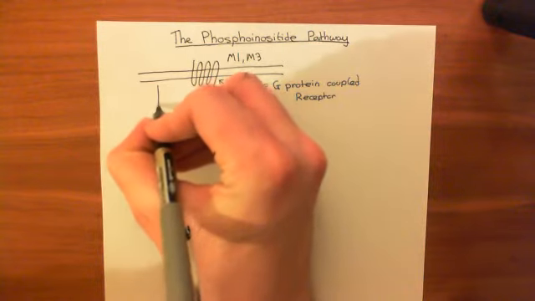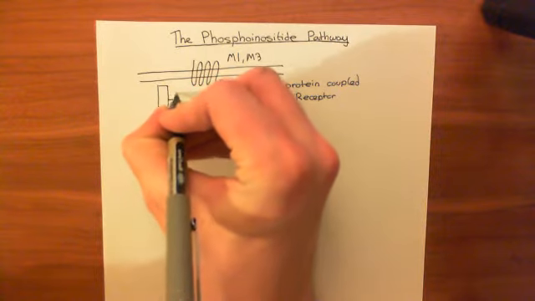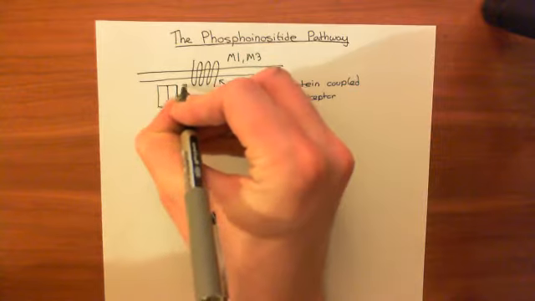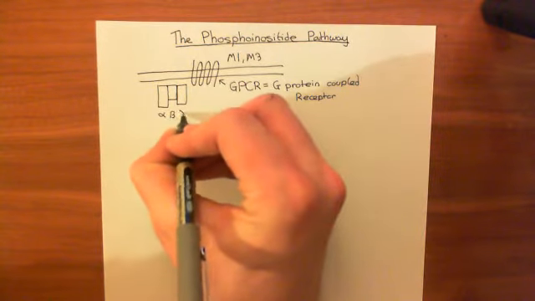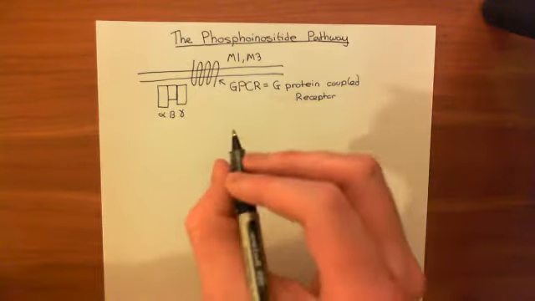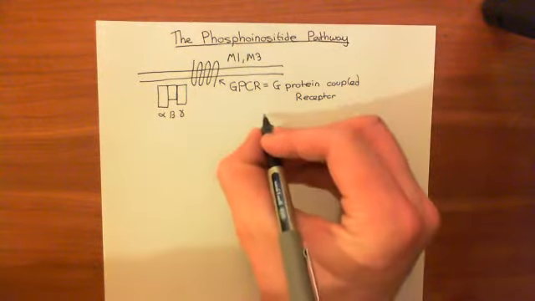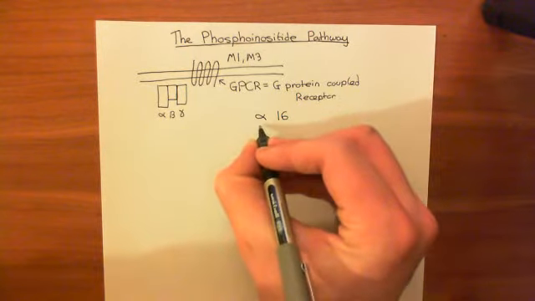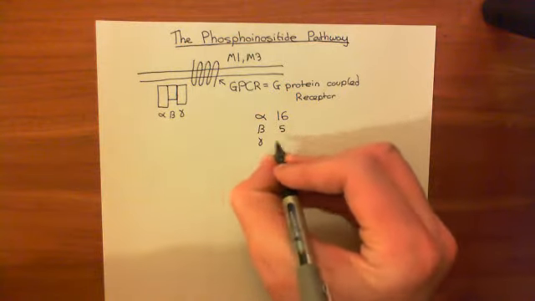Well, let's draw our heterotrimeric G-protein here and we'll find out. So a heterotrimeric G-protein consists of 3 different subunits: an alpha subunit, a beta subunit, and a gamma subunit. And basically, you can make loads of different types of heterotrimeric G-proteins because there are 16 different alpha subunits, 5 different beta subunits, and 12 different gamma subunits.